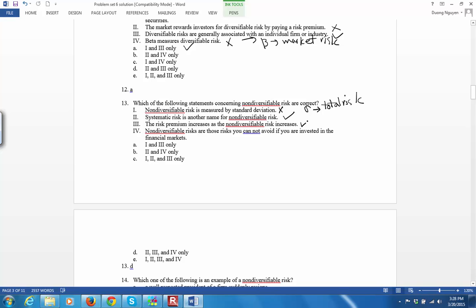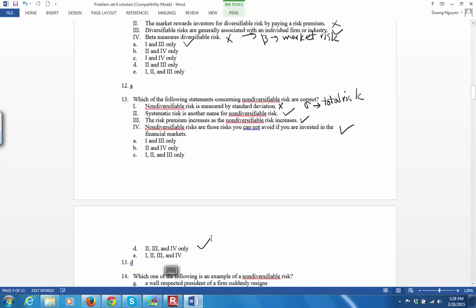If non-diversifiable risk increases, the risk premium would increase, which is true, because that is the only risk you have. If the risk is higher, the premium has to be higher. Non-diversifiable risks are the ones you cannot avoid, which is true. So you have 2, 3, and 4. So D is correct.